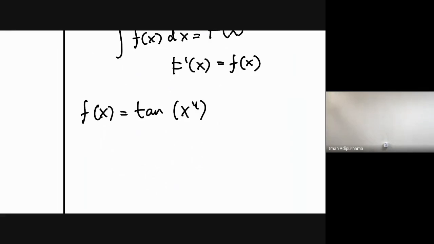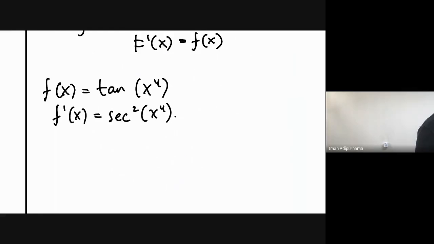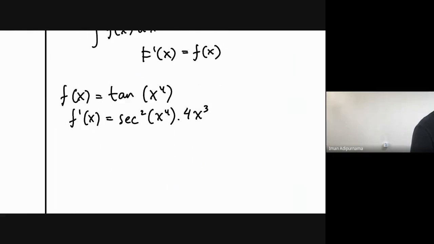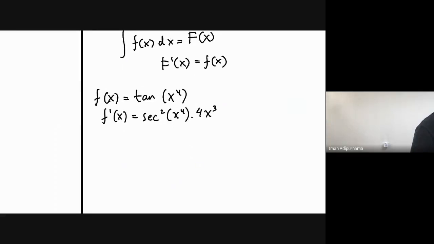So let me write the f prime, and it should be secant squared of x to the 4, and then don't forget to multiply by 4x cubed. This is the first derivative.